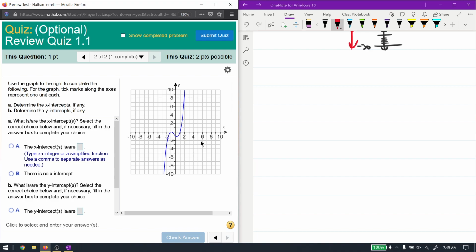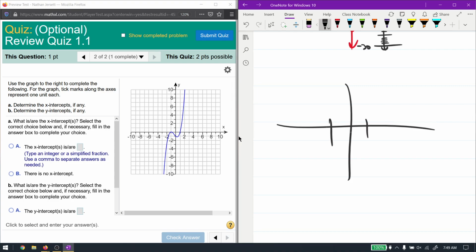Now technically these are points. If I draw this graph a little bit, something like this, this is -1, this is +1. Technically this point here is -1, 0. It's left to -1, x always comes first, and then the y coordinate is 0.